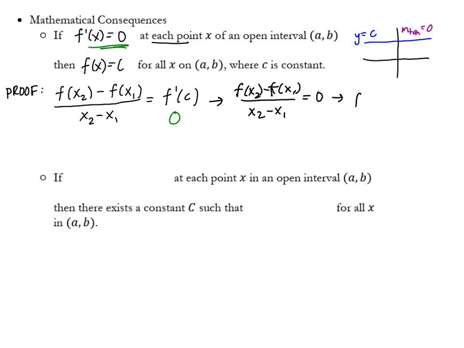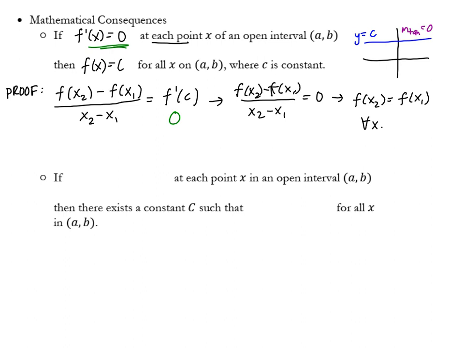So that says that f of x2 is equal to f of x1 for all x. So we see no variation. f of x2 equals f of x1. That's a constant function for any value of x that we find.